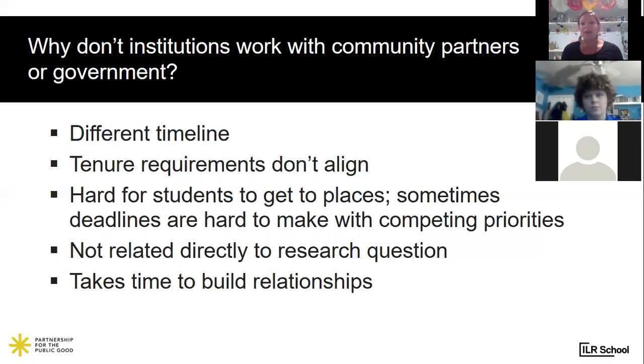So thinking about, well, community organizations operate on different fiscal years, they have different deadlines, and so sometimes the timelines don't always match up. So as you're reflecting and thinking about your project, how are those timelines different, and how can you figure out ways to make sure that they're responsive to your community partners?